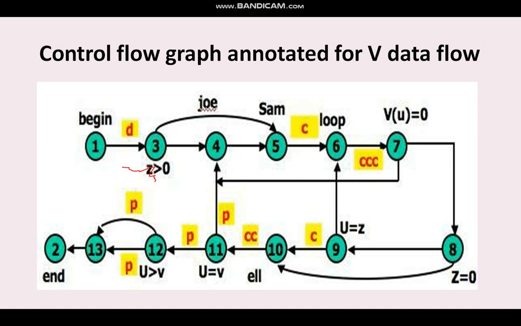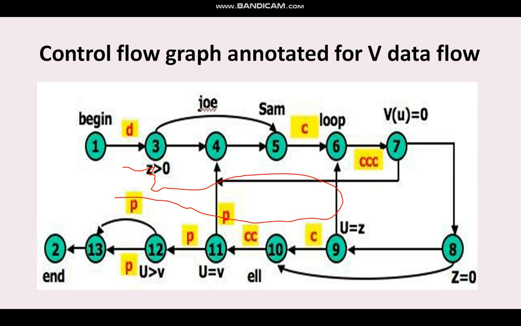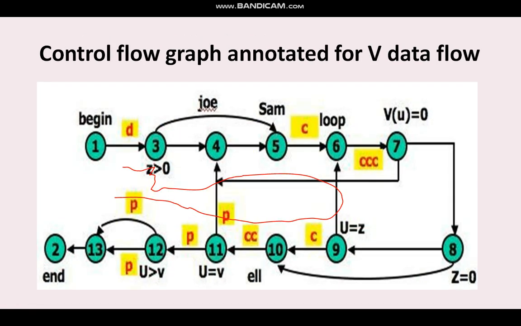These are the many flows for the variable V. The other variable, U, is also there, but it is not shown here. Like that, for each and every variable like x, y, z, and v, we have shown clearly how the control flow graph can be represented.